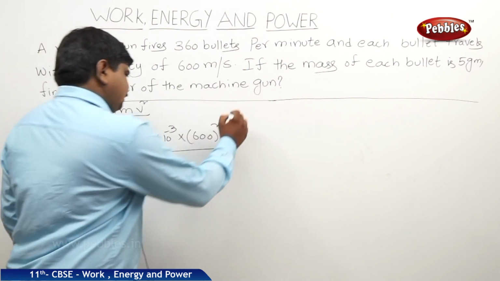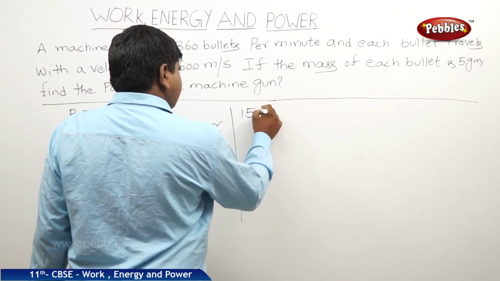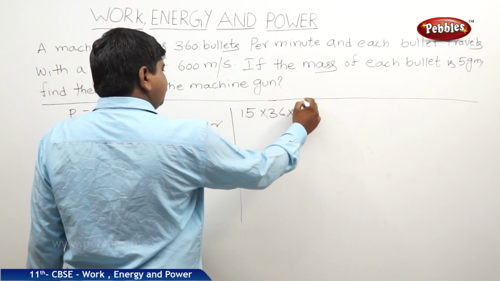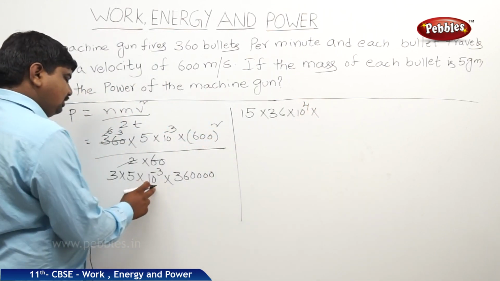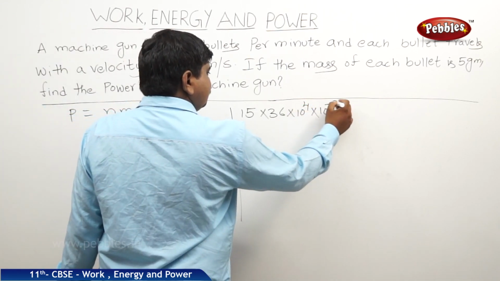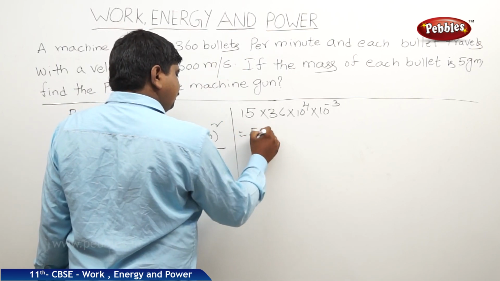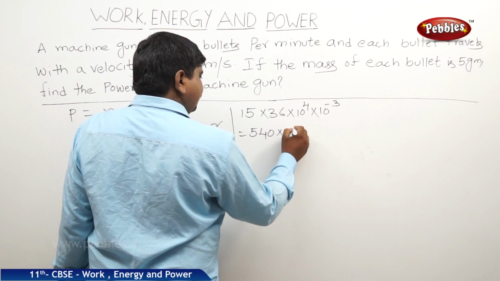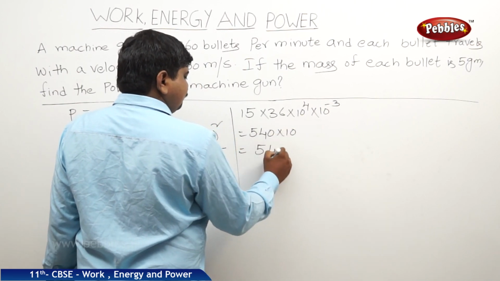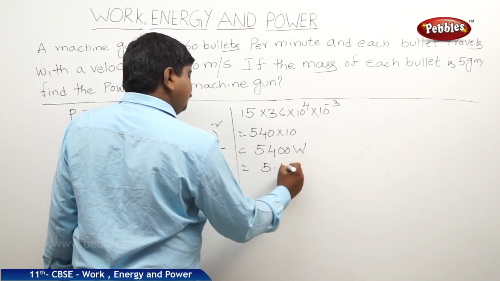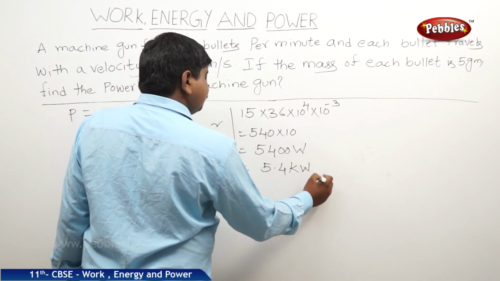Therefore 3 5s are 15 into 36 into 10 to the power of 4 into 10 to the power of minus 3. Therefore 15 times 36 is 540 into 10, which is 5400 watts. It will be written as 5.4 kilowatts.